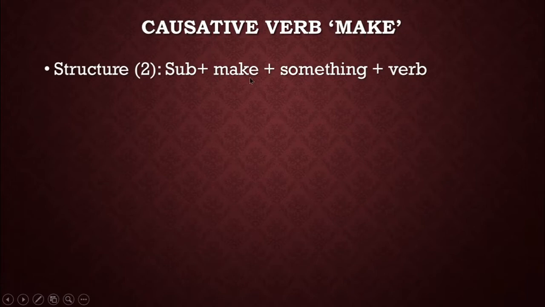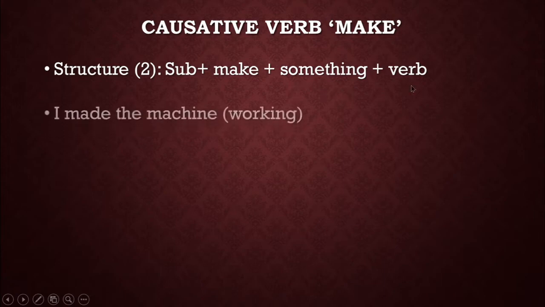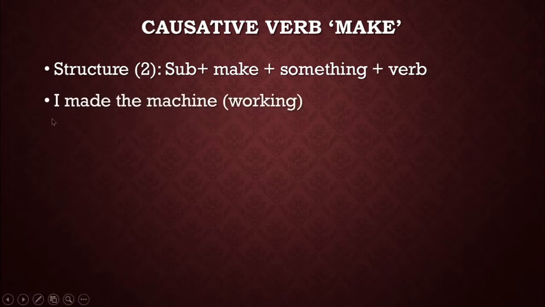If we want to use the causative verb make with something, that means when the causative verb make causes something to work, then we have to use this structure: subject plus make plus something and then the verb. Let's use this in a sentence. I made the machine working.